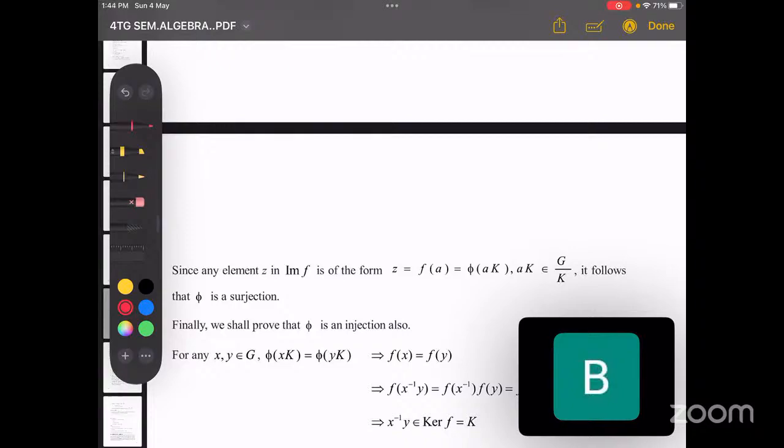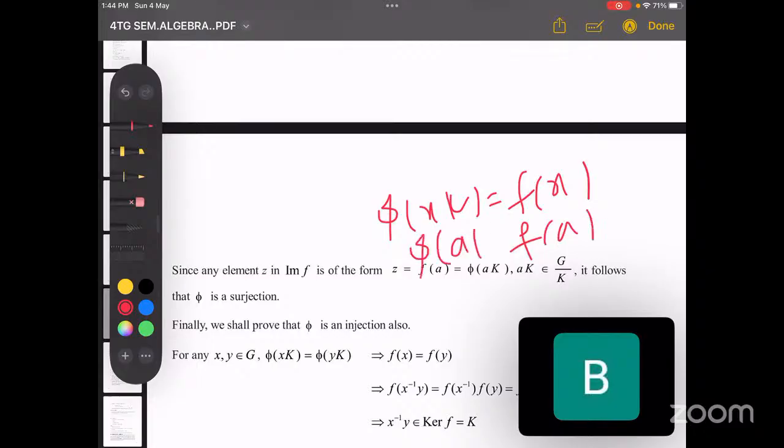We have defined pi of xk equals f of x. In place of x we are writing a, so this is pi of ak. So ak belongs to the quotient group G by K. It follows that pi is a surjection. That means we are showing that it is an onto function.